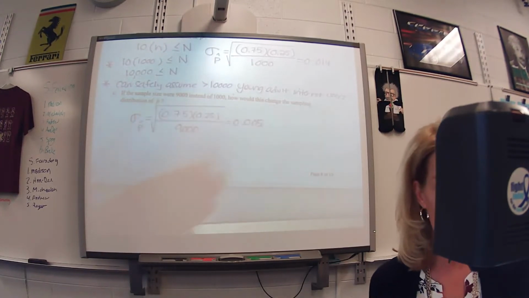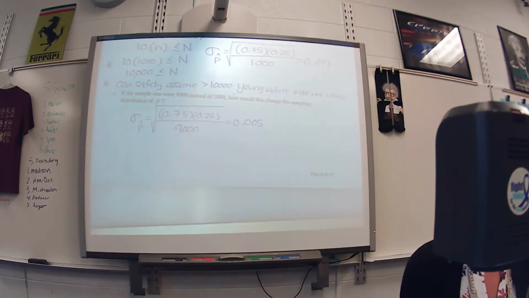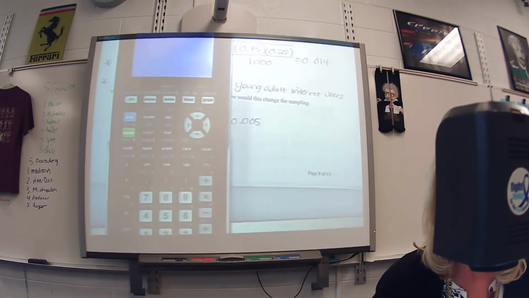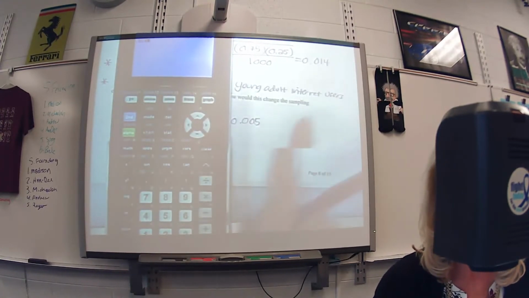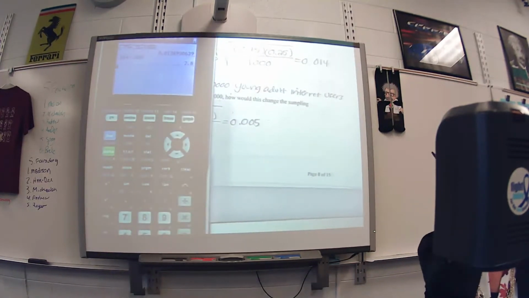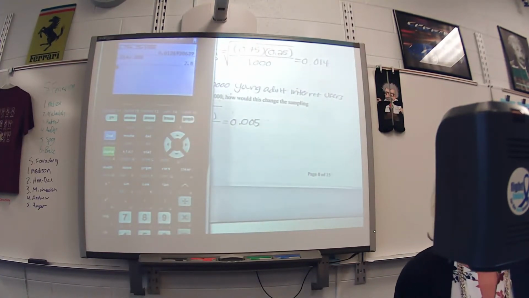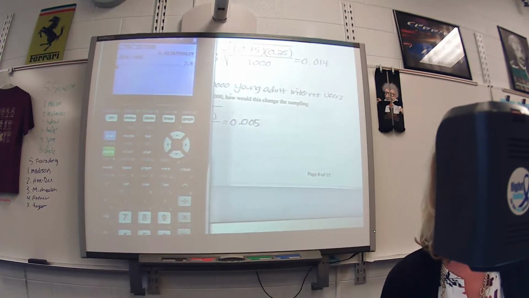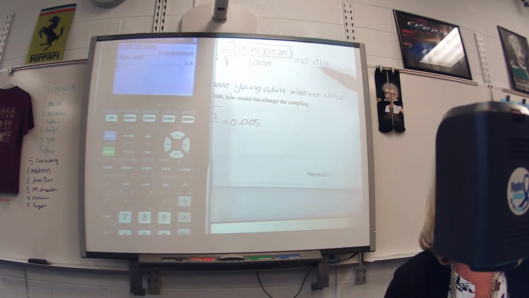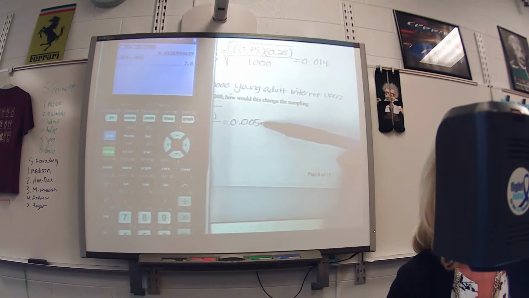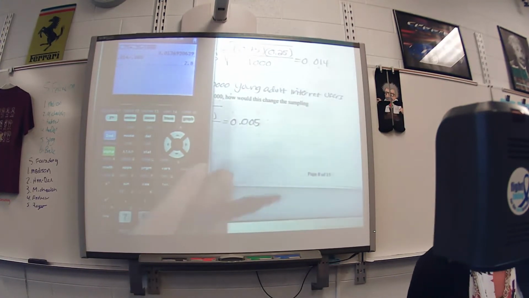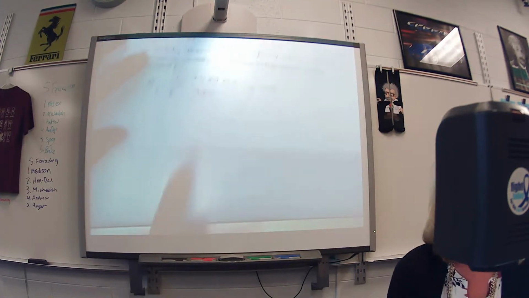You could figure this out, even estimating. If I take that first answer, 0.014, and divide by 0.005, I get 2.8. In other words, this one is almost 3 times as large as this one. It was a factor of 3. Now, mathematically, why?